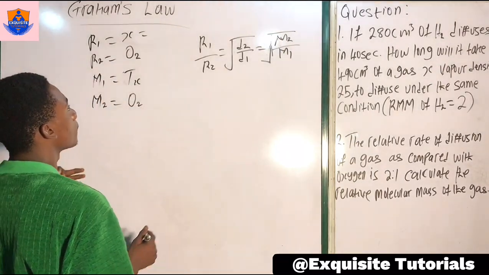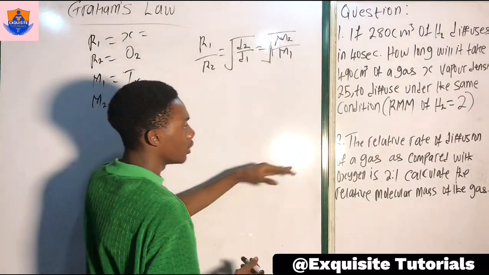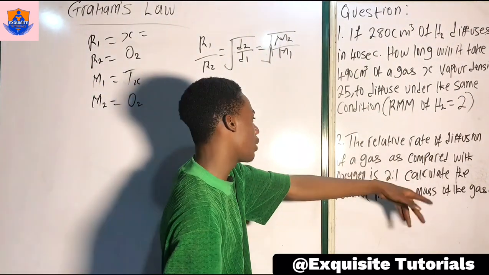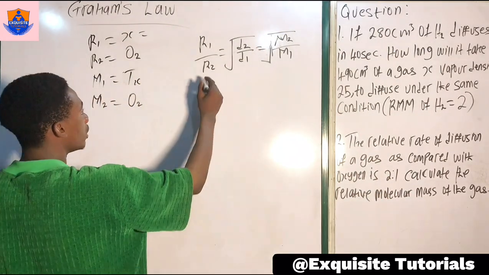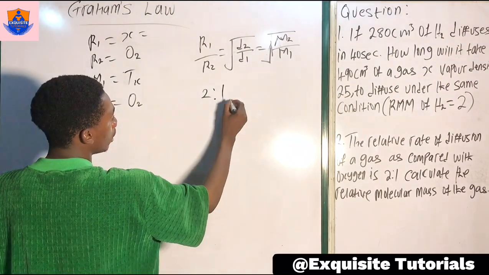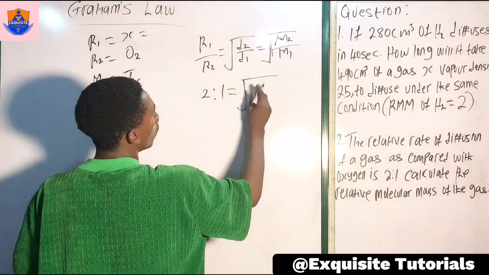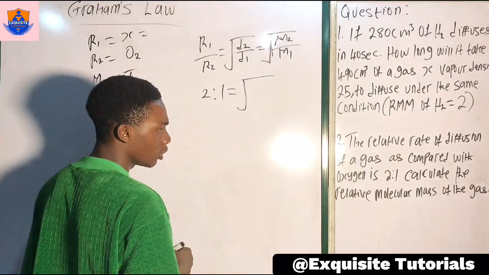So R1 was given, they said the relative rate of diffusion of a gas as compared with oxygen is 2:1. So R1 is 2:1, which is equal to square root of M2. Our M2 is oxygen.